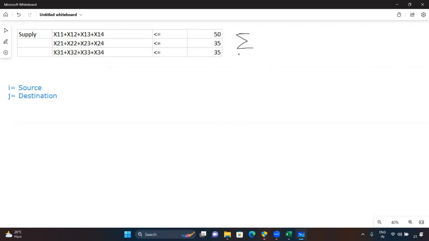Then j is changing. j means our destination is changing. Here you can see our destination started from 1. Okay. And what is the maximum value of destination? That is 4. So here we can mention 4. Okay. Again, xij.